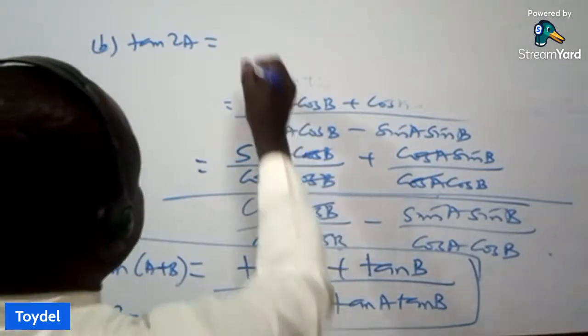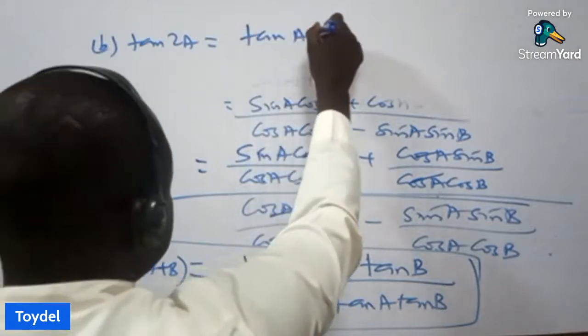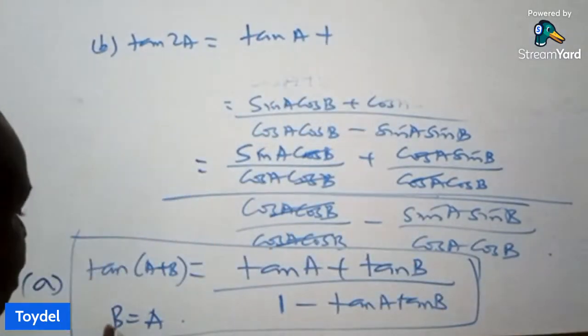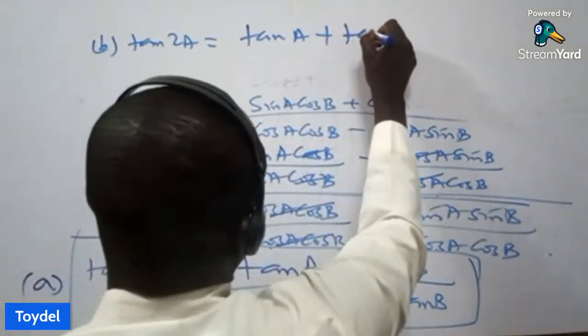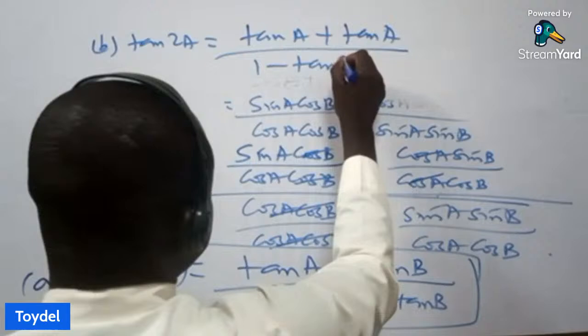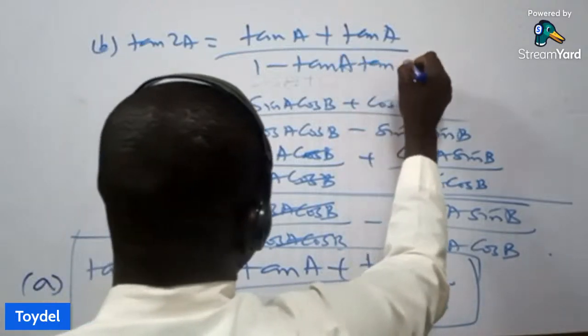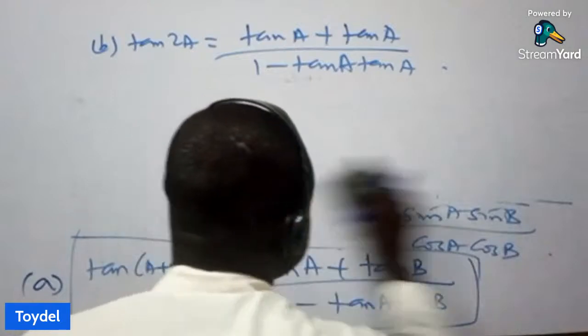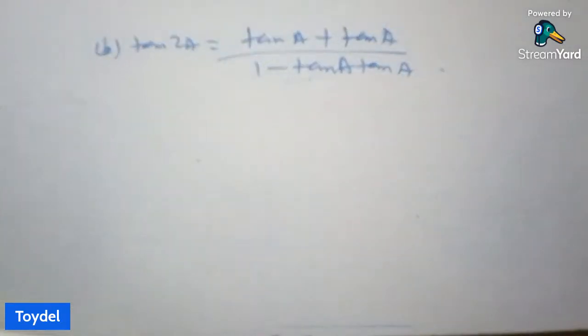What will be the expression for tan 2A? It will be tan A plus tan A all over 1 minus tan A tan A, because we have assumed B to be equal to A.